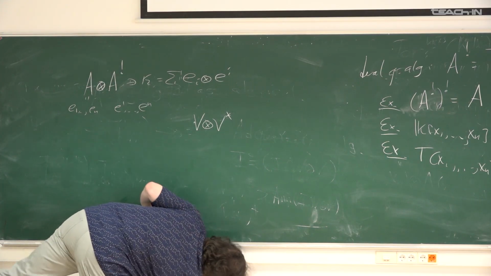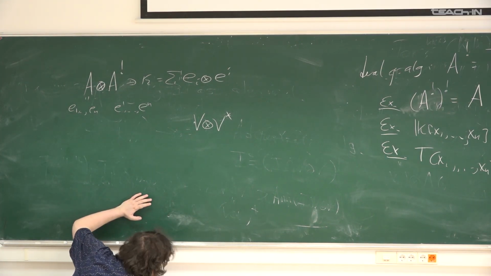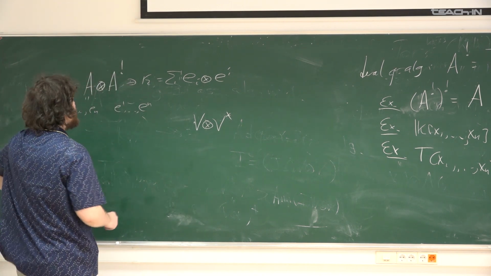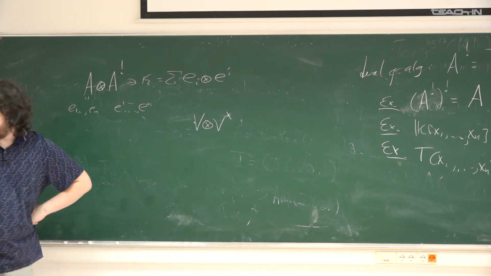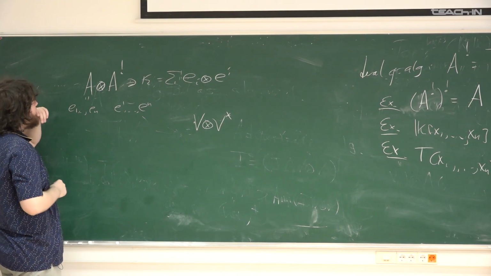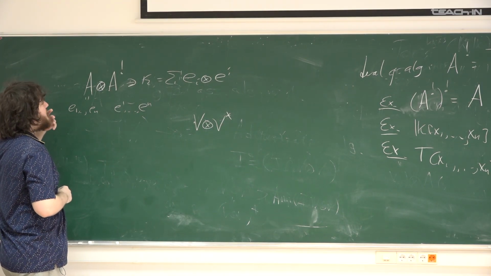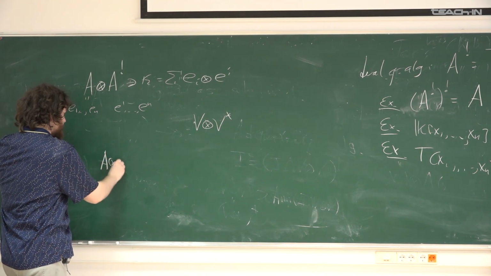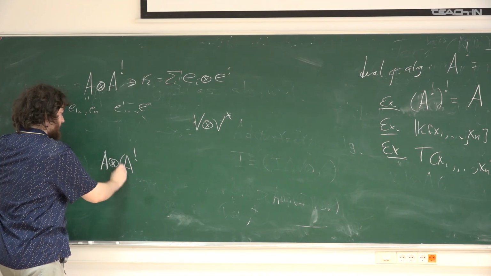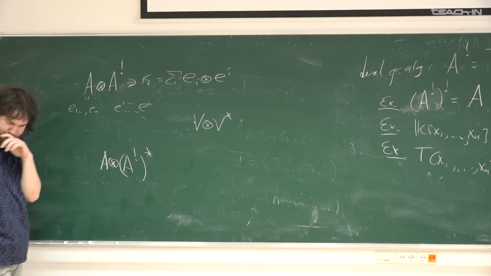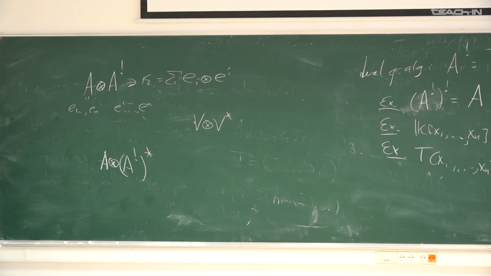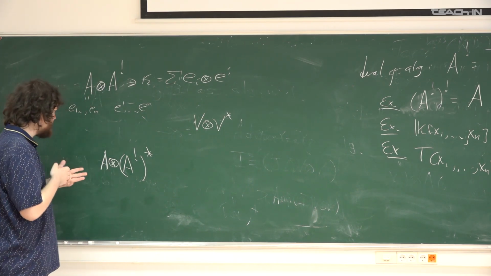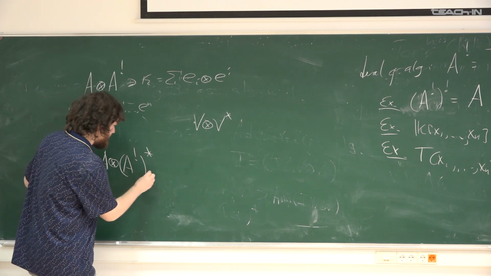It's the Casimir element, and then you can consider the action of this element on such a thing, on A tensor A dual and its linear dual. Then you can consider multiplication by k.